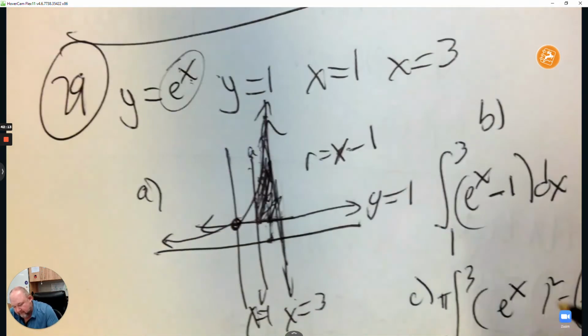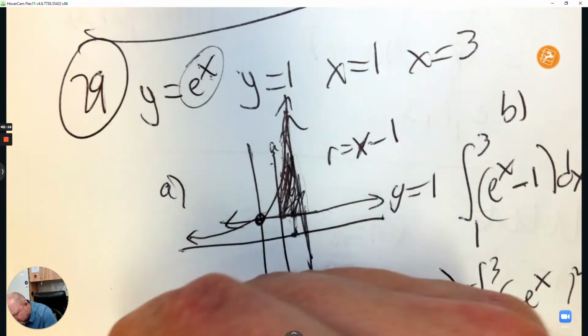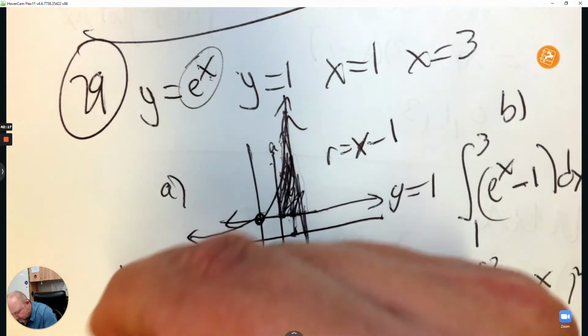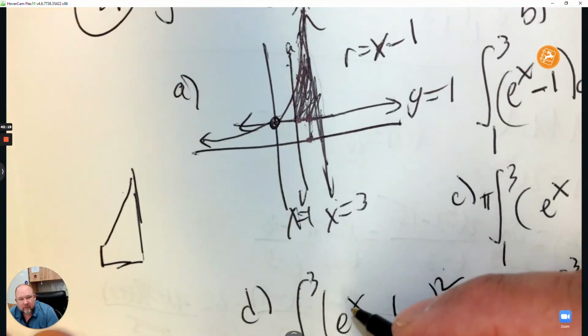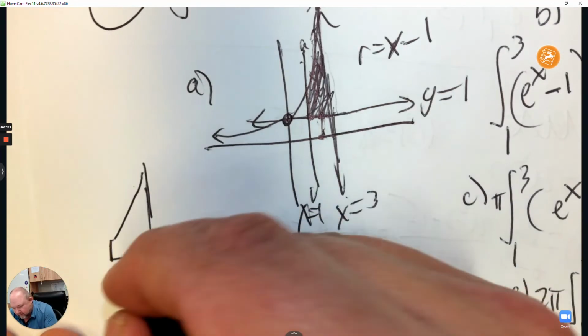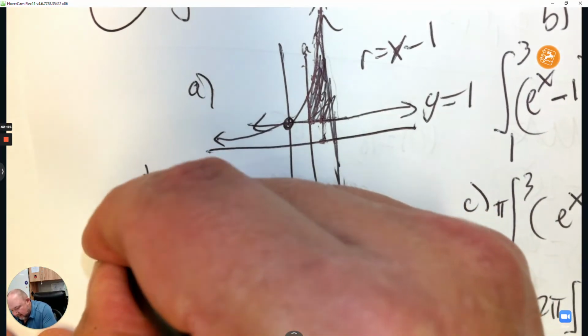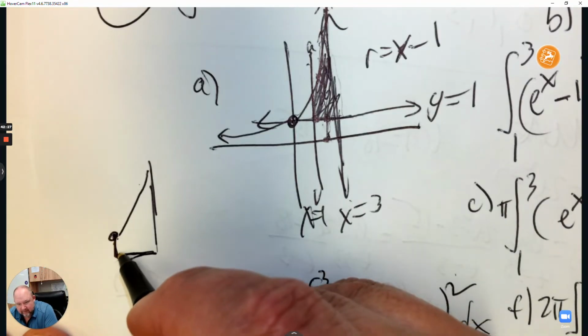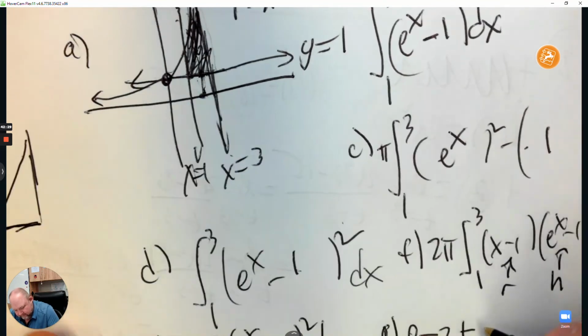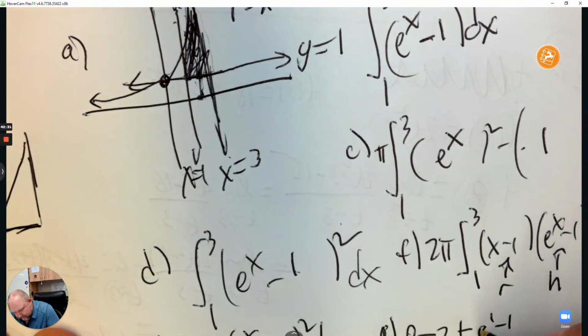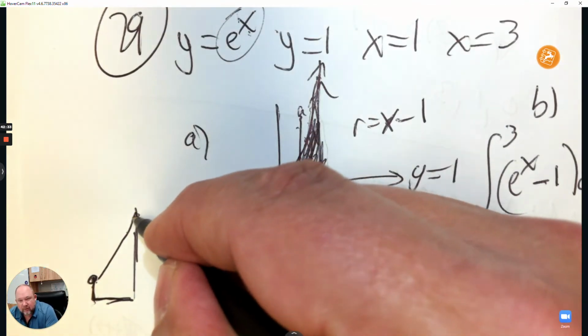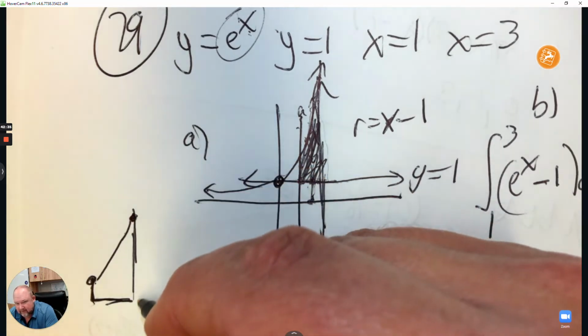So let me draw it. Like we have perimeter, that's the region we're talking about, that I shaded. So this is easy. That's 2. What's this? Take this point, which is e to the 1, take away 1. Take this point, which is e to the 3, take away 1.